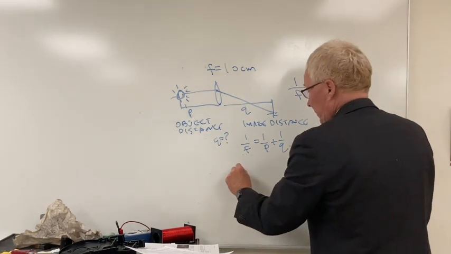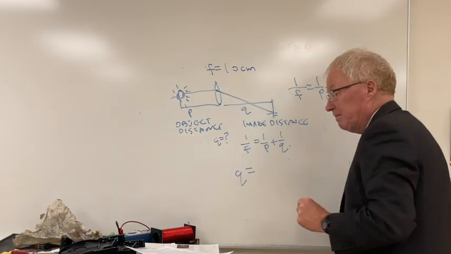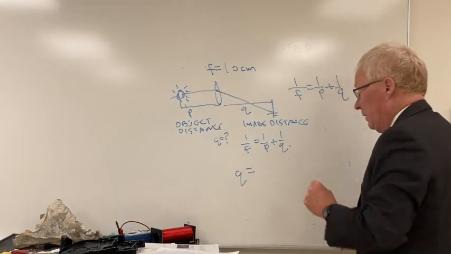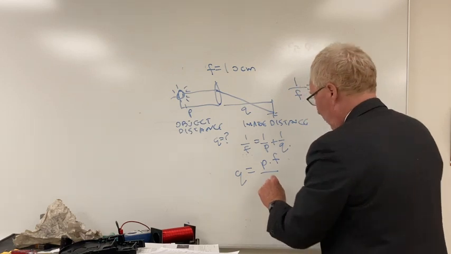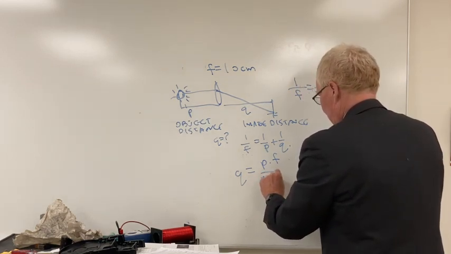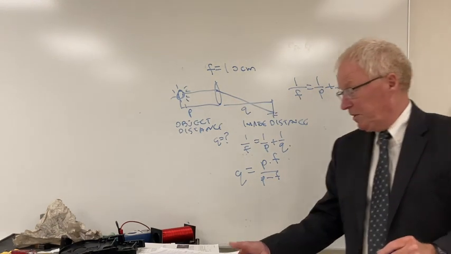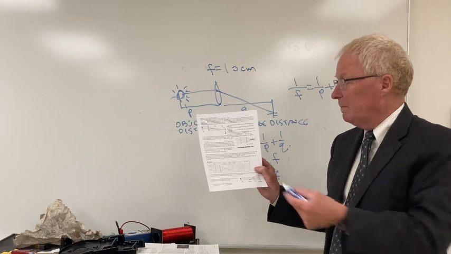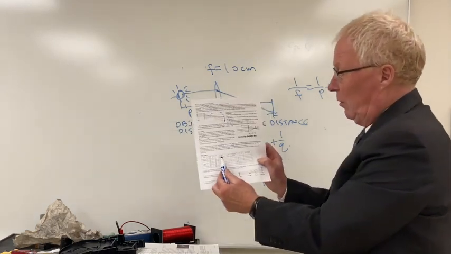It turns out that Q is given by P times F over P minus F. All right? So let's do one example, and then you'll do the rest of them yourself. You're going to calculate all of these.